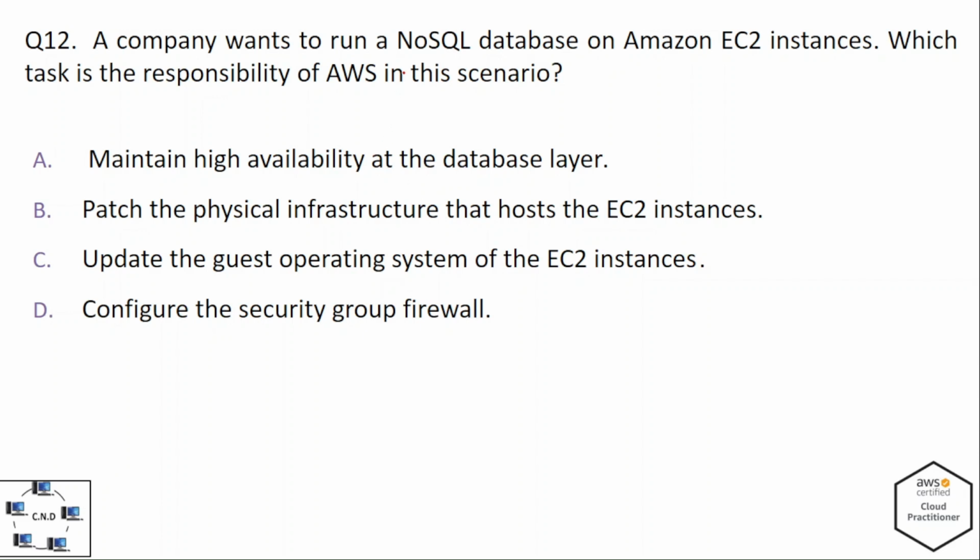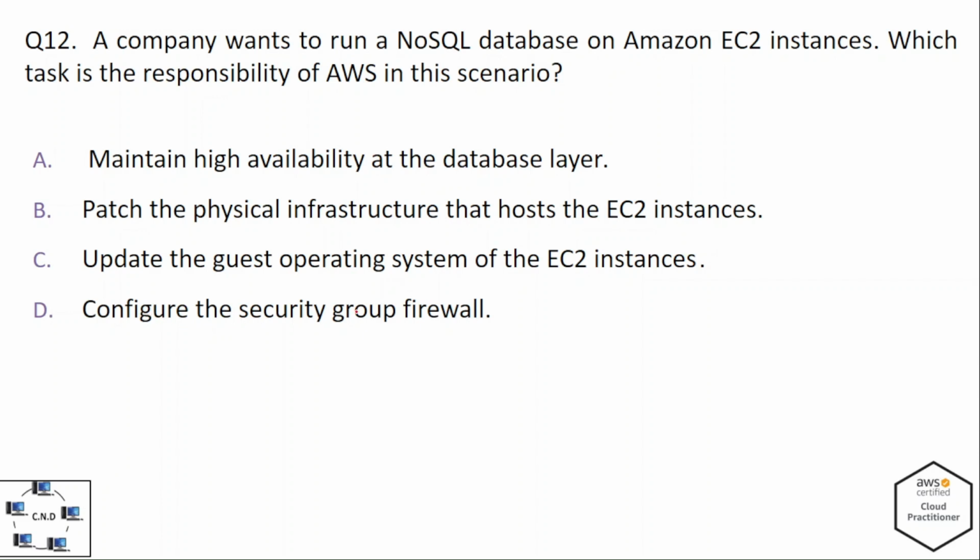Question number 12 is that a company wants to run a NoSQL database on Amazon EC2 instances. Which task is the responsibility of AWS in this scenario? The options are A. Maintain high availability at the database layer. B. Patch the physical infrastructure that hosts the EC2 instances. C. Update the guest operating system of the EC2 instances.